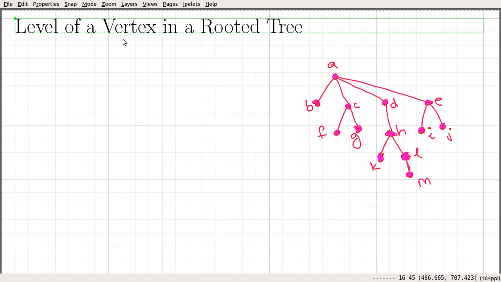So let's define what is called the level of a vertex in a rooted tree. The level of a vertex is defined to be the length of the unique path from the root to that particular vertex. Let me write down what I said.